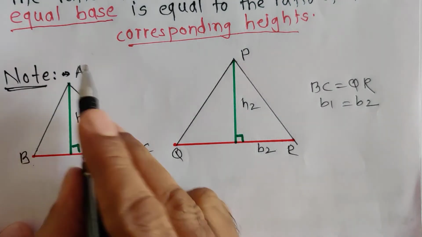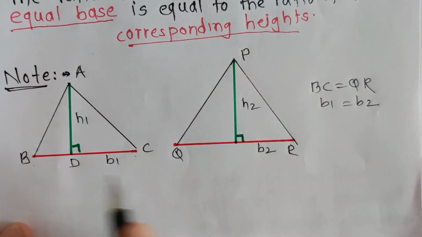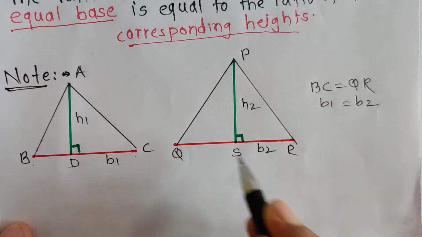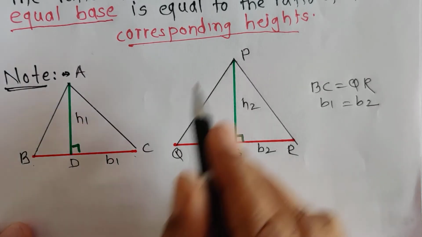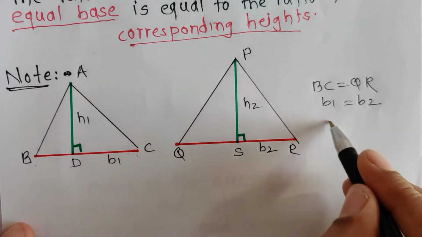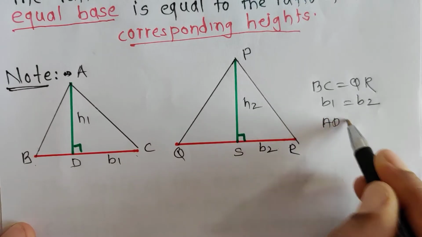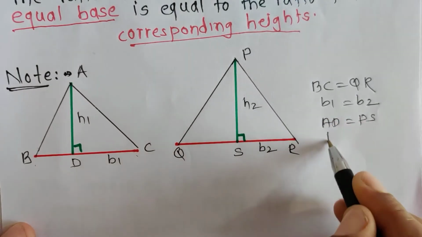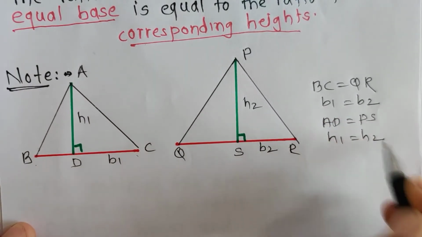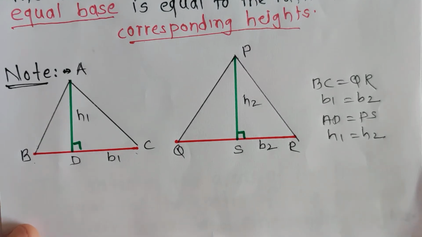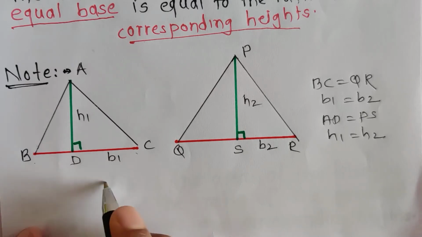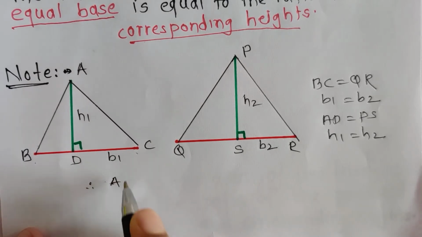Second thing, this AD, that is the height, and here PS is the height, are shown by the same color. That means AD and PS are equal, means their heights are also equal. If two triangles have equal base and equal height, then what is the relation between their areas?